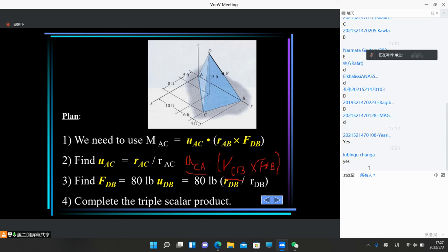It will be the moment of F. And then the unit vector. So here should be UAC.